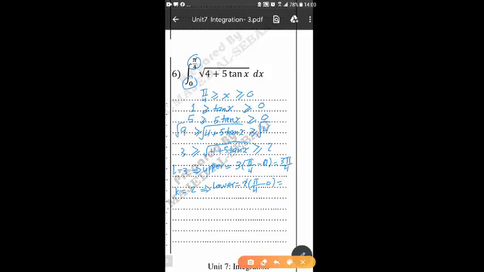I will cancel this with this, so it will be pi over 2. Why? Because 2 will go with 2, right? That's it. Pi over 2. Right? Okay.